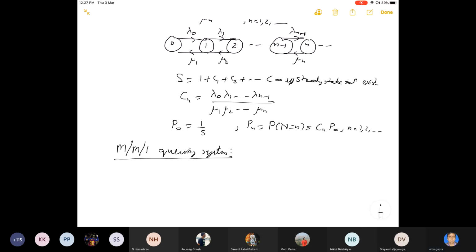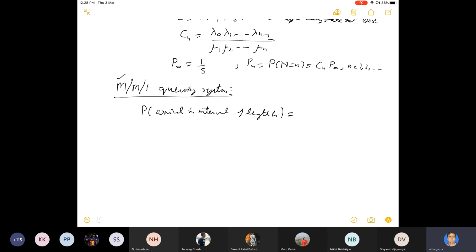If there are n customers in the queuing system, the probability of an arrival in an interval of length h is, because this is a Poisson process, the arrival pattern is Poisson. That means the inter-arrival times are exponential.